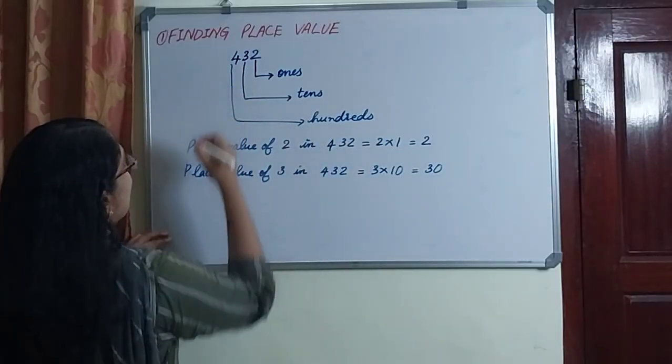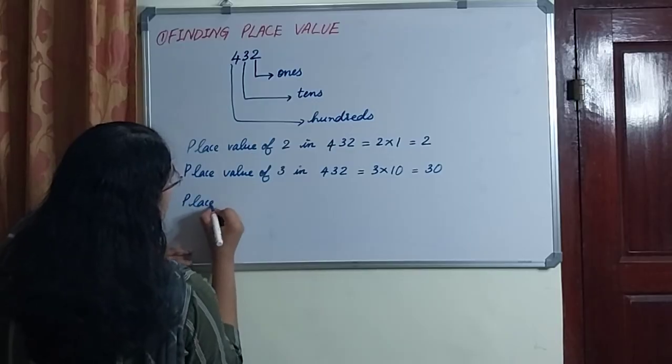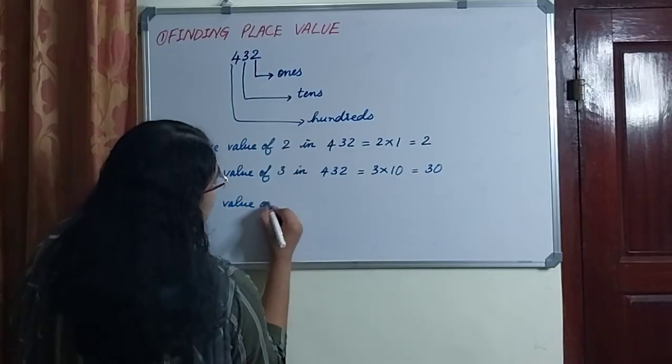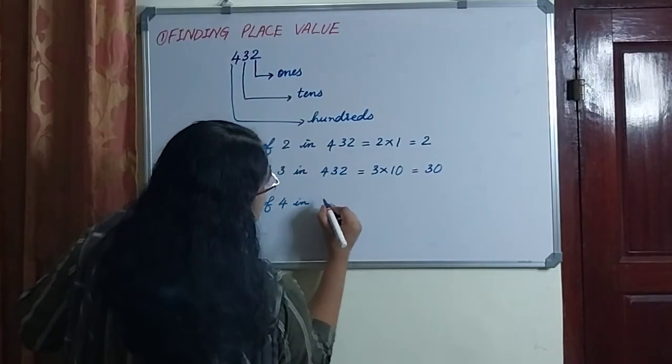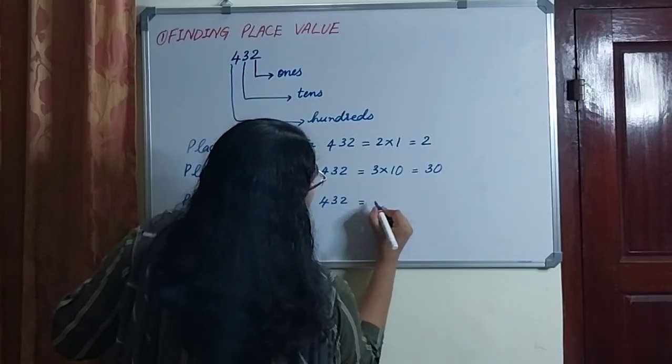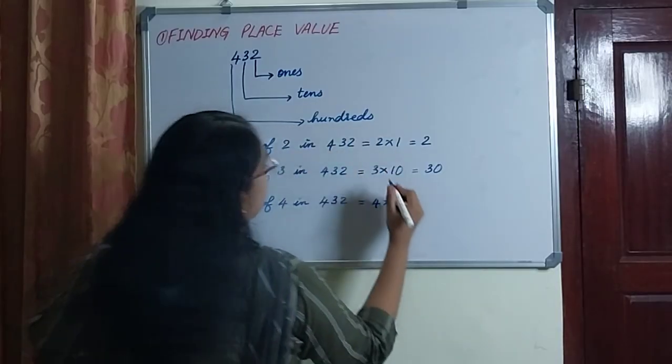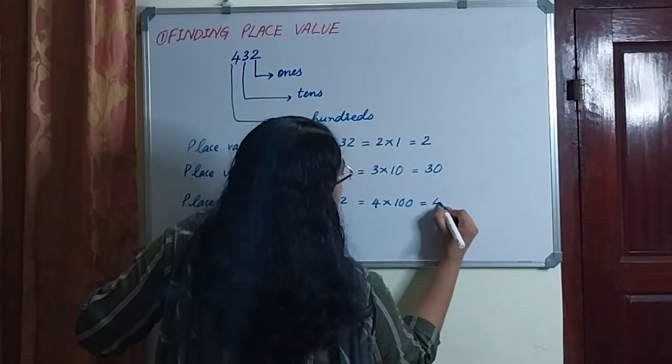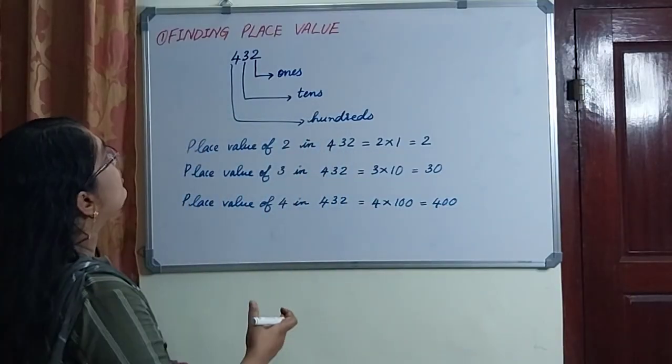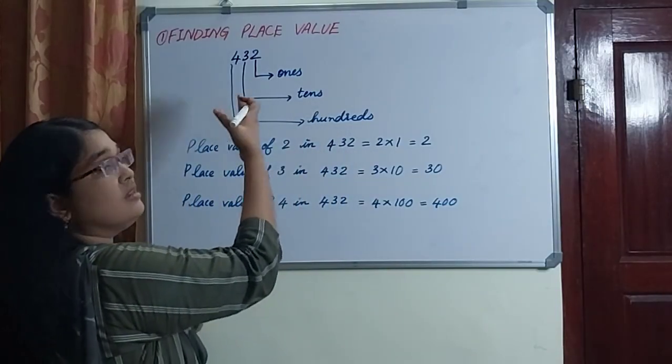Next, place value of 4. Place value of 4 in 432 equals 4 into hundreds, 100, 400. Okay, we have got the place value of each digit in this number.